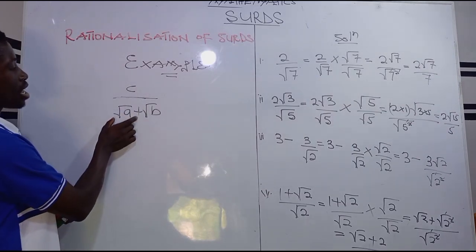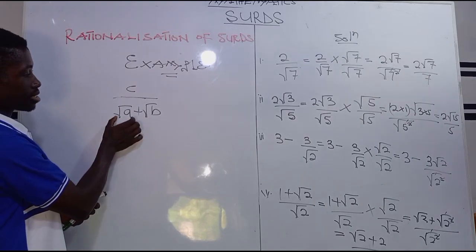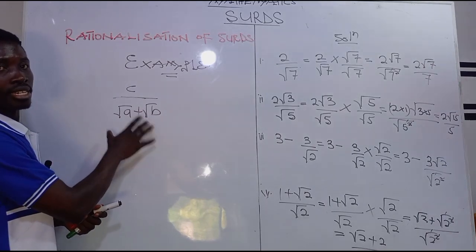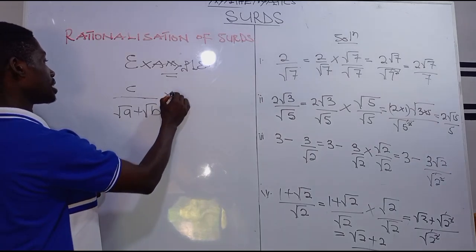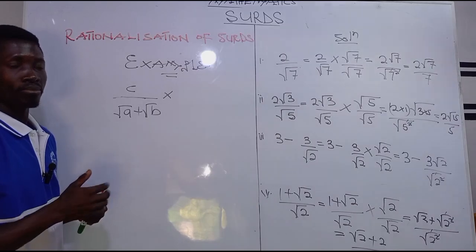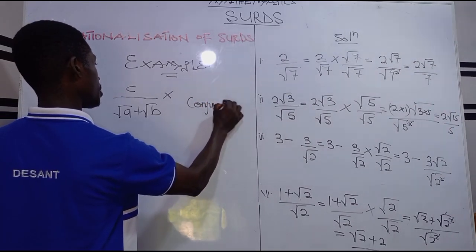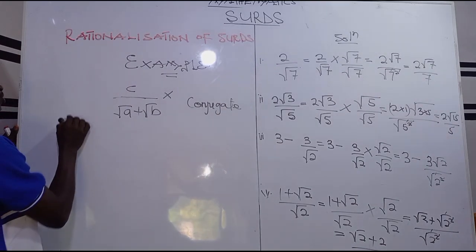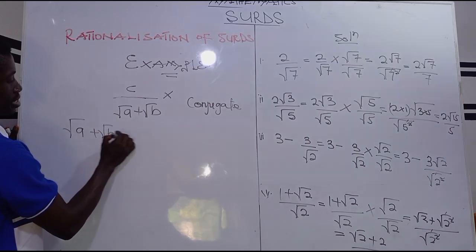Now you realize that we have a fraction with two surds, right? With a plus with b. Now to rationalize a fraction of this very form, we are going to multiply the top and bottom by the conjugate of the denominator. So let's take it that you have root of a plus root of b.